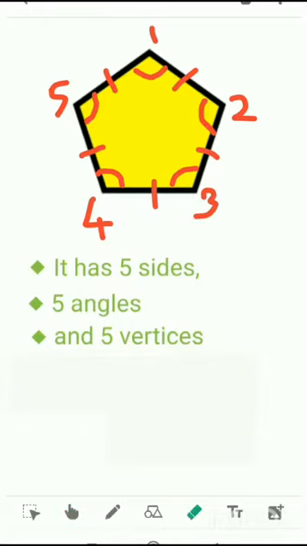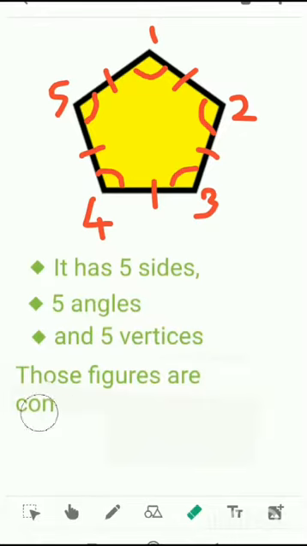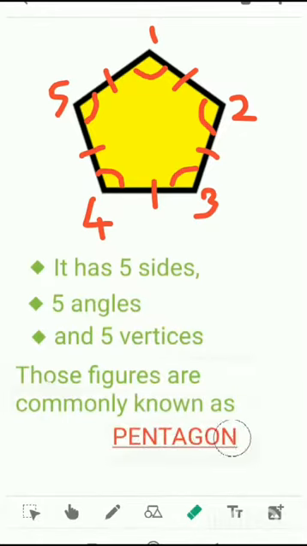Such figures are commonly known as pentagon. Therefore, a pentagon is a closed figure made up of 5 straight lines. It has 5 sides, 5 angles, and 5 vertices.